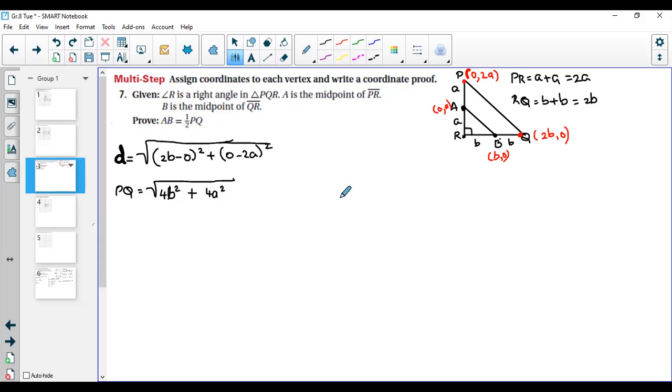Leave it like that. Now let's find the distance of AB. So AB, the distance is going to be, we already have the coordinates, 0, a and b, 0. So x2 is going to be b minus 0 square plus 0 minus a square.